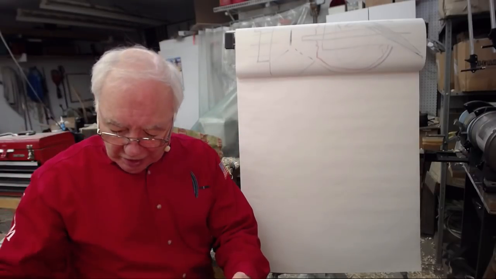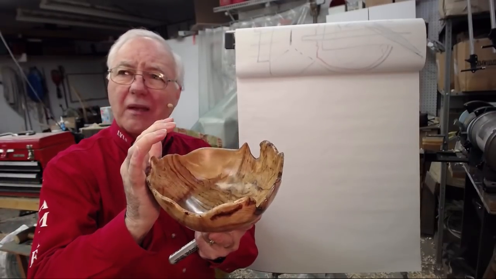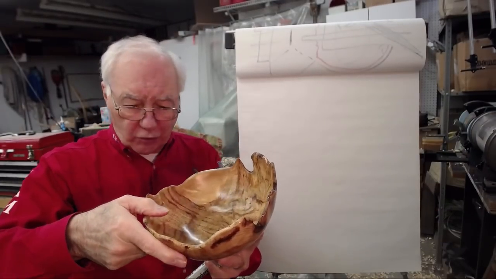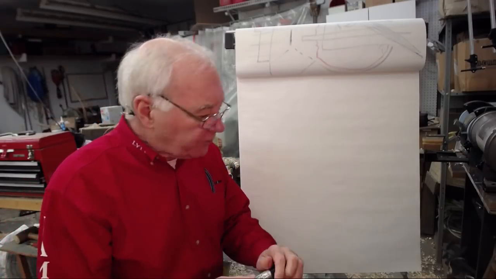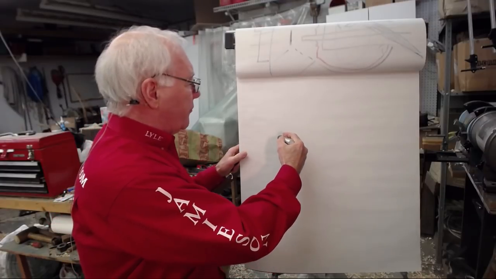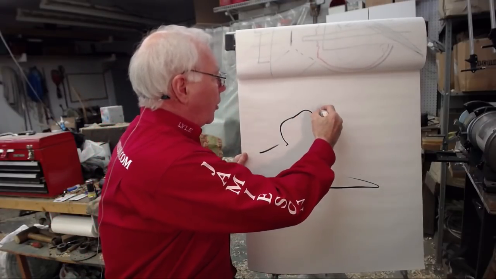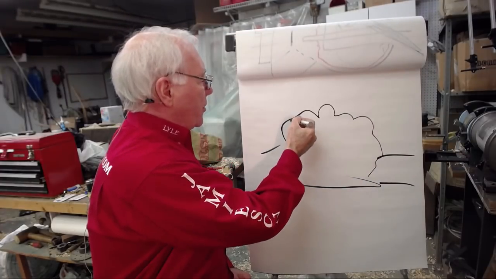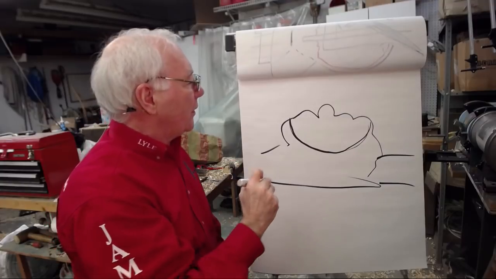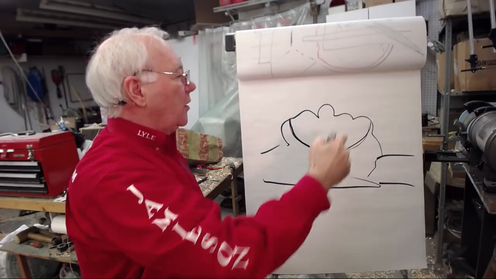Okay, but when we get into a hollow form, we want to close up that mouth. We have a couple different ways of going with it. The more traditional way, if you have a tree here with a burl on it, the waviness at the edge of the bowl is nice and wavy.